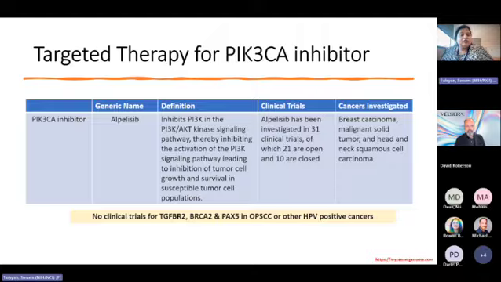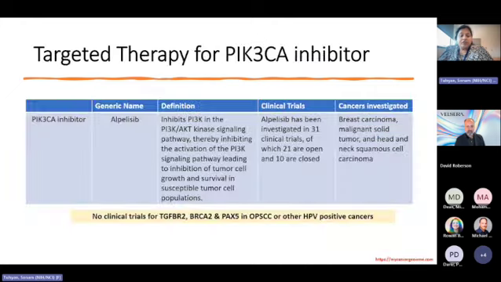Breast carcinoma, solid tumor, and head and neck squamous cell carcinoma are being investigated. However, no clinical trials for TGFBR2, BRCA2, and PAX5 in OPSCC or any other HPV positive cancers are presently in trial stage.